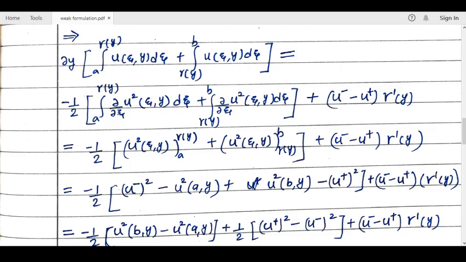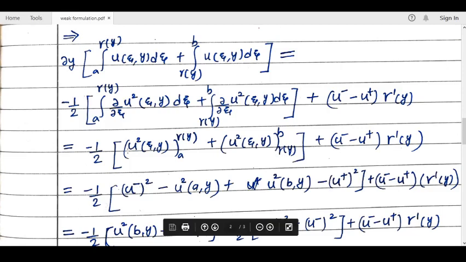Here we have a derivative with respect to theta. Theta is a dummy variable; it stands for actually x. And here we have integrated with respect to x. So when both come into effect, you will get only u square, because the integral is the antiderivative. So you have u square, limits a to gamma of y, plus again u square, limits gamma of y to b, plus u minus minus u plus gamma dash of y.